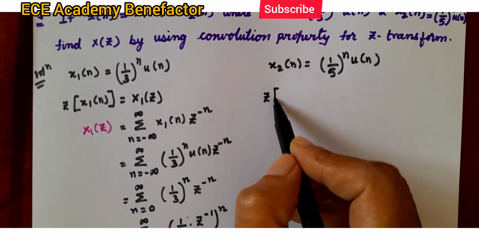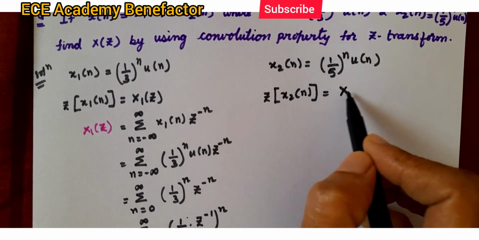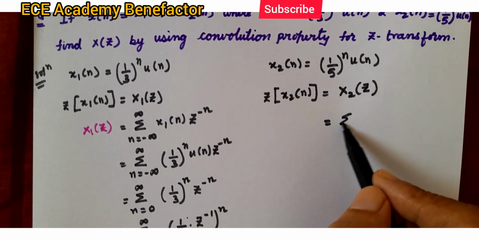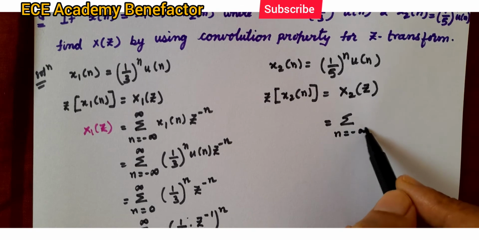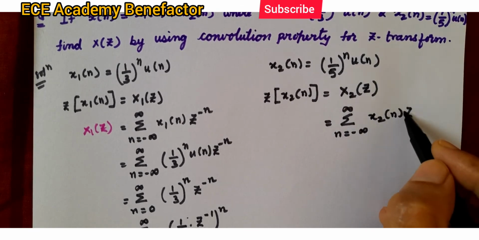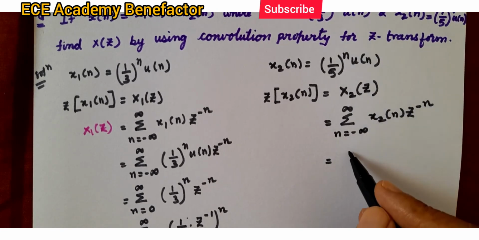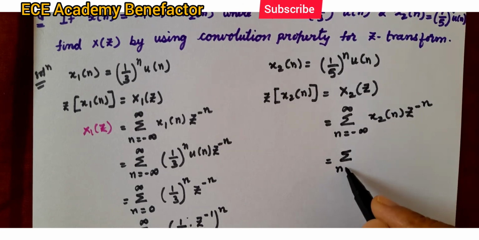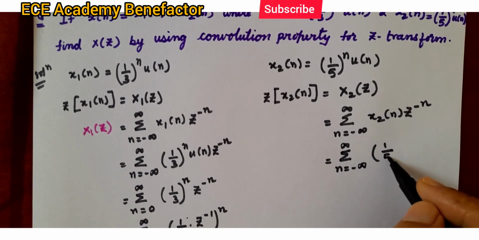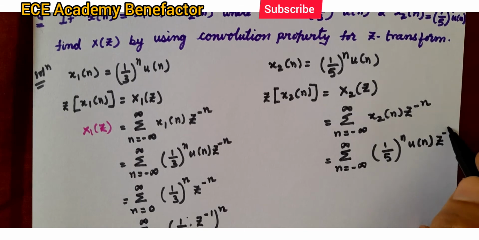Z transform of x2 of n gives capital X2 of z, and its formula is summation n equals minus infinity to infinity x2 of n z to the power of minus n. Substitute x2 of n, which is (1/5)^n u of n, z to the power of minus n.